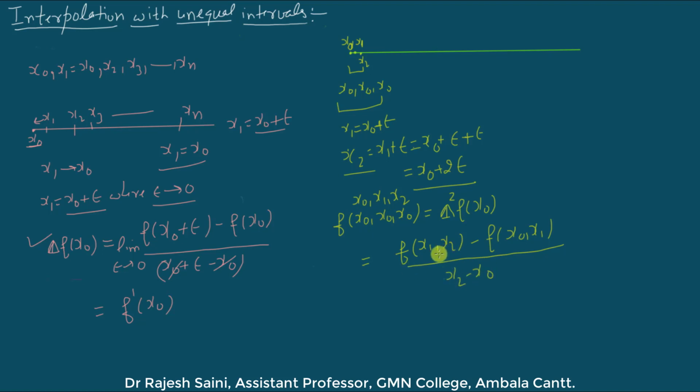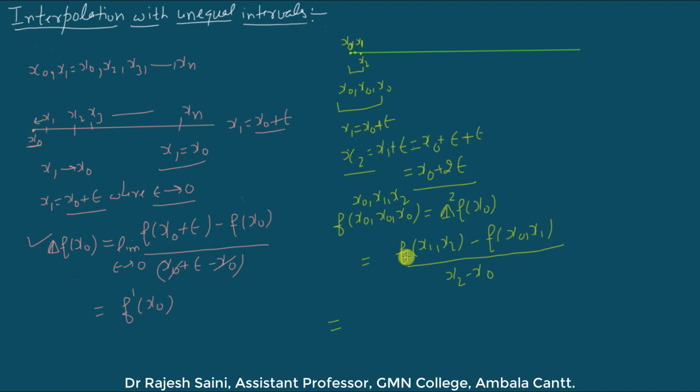Now they are coinciding. If these coincide, we will write the derivative with respect to the initial one, like we derived earlier. In that case, x naught and x1 were coinciding and the initial point was x naught, so we wrote f dash x naught.